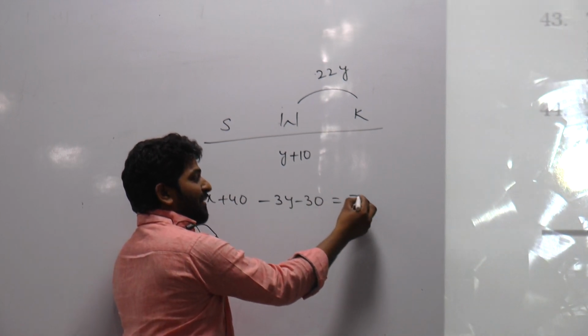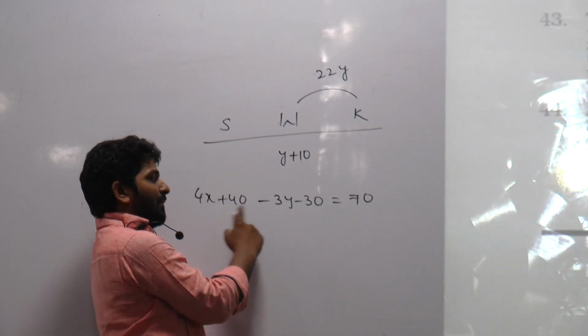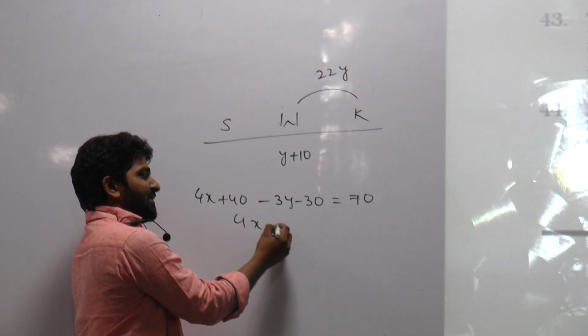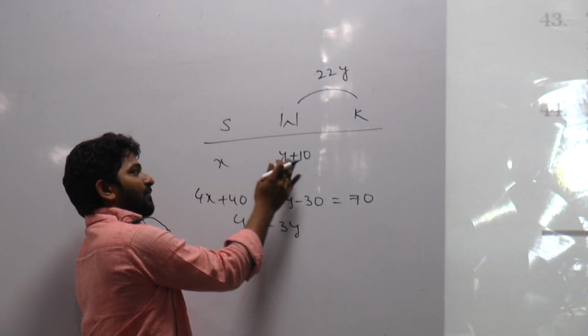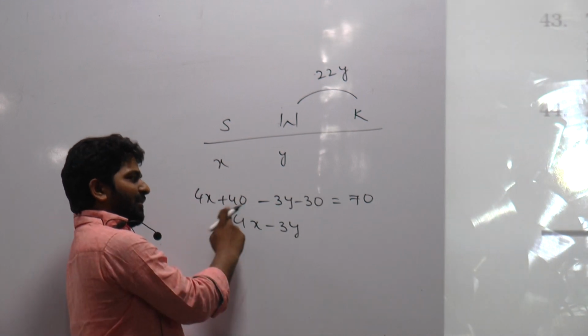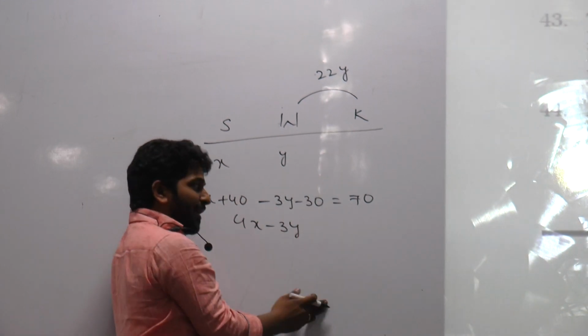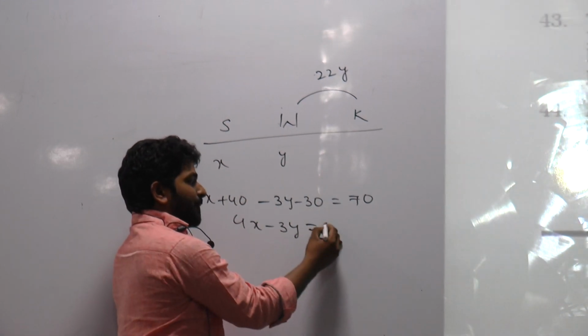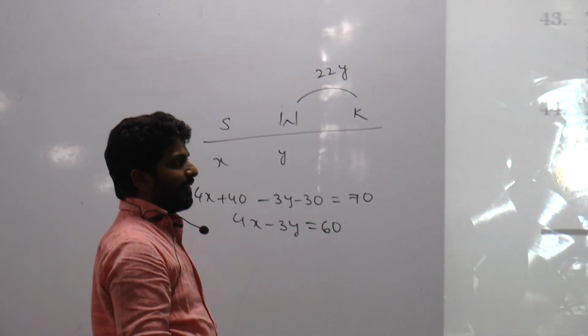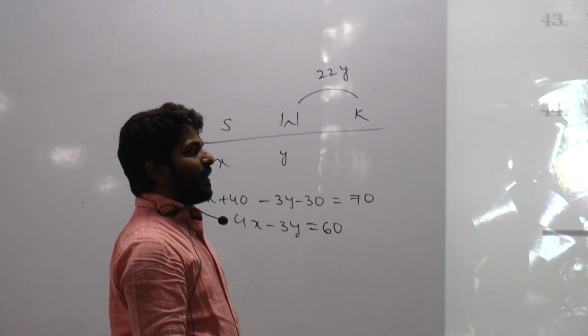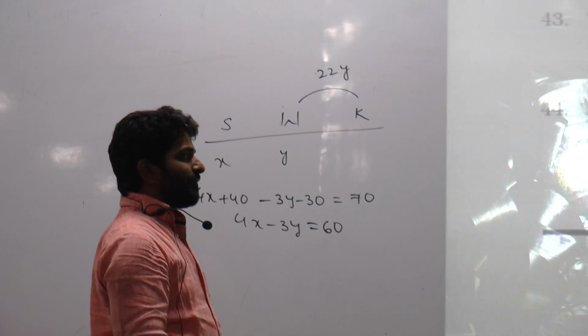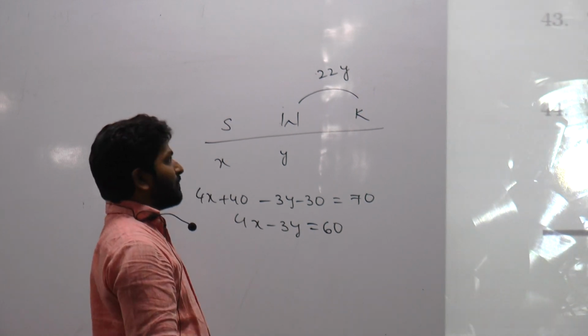How much is given? 70. From this you can say 4x minus 3y. You have plus 10 here, that goes to right hand side, becomes 60. Fine, keep it aside. If at present Sumer's age is 6 times of Kia's age.